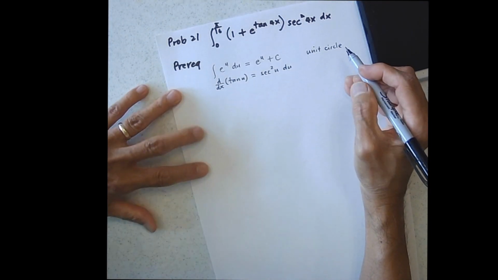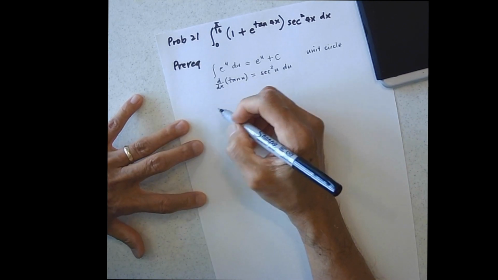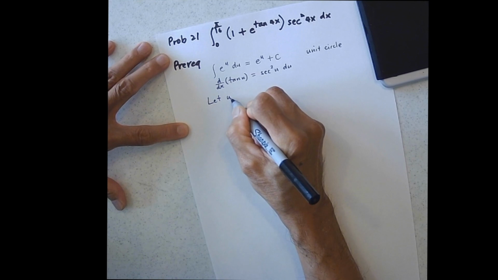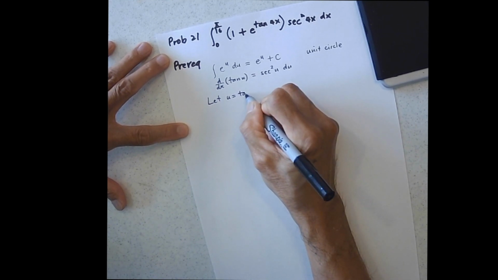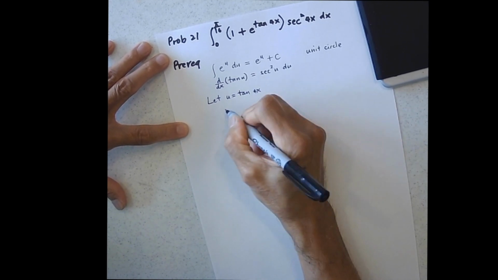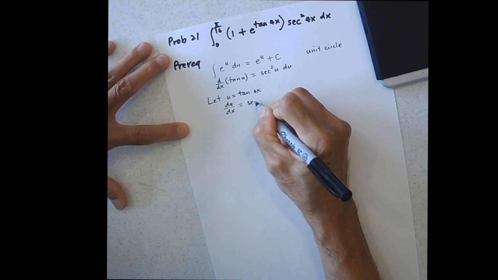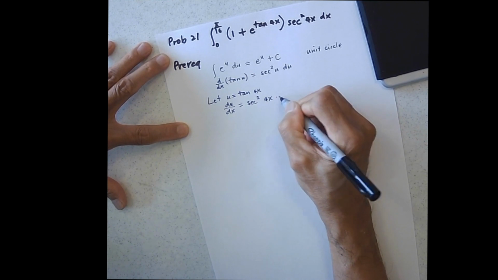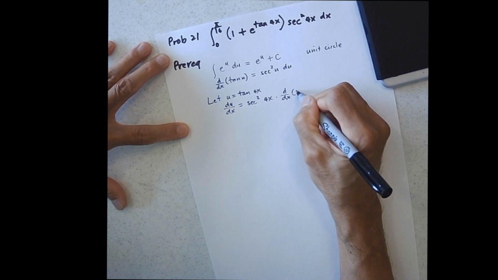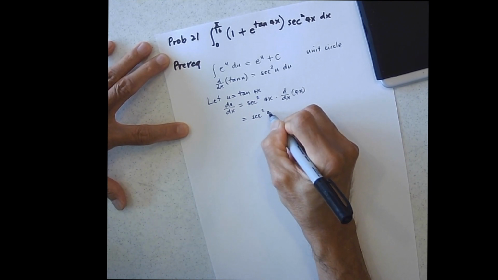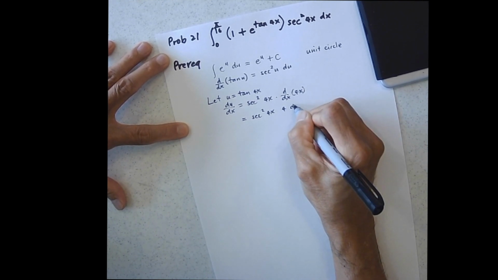Okay, here we go. So again, we will use u substitution here. So let u be equal to tangent 4x. So we get the derivative of u with respect to x, and that's going to be secant squared 4x times the derivative of 4x. So we get here secant squared 4x, 4 dx.